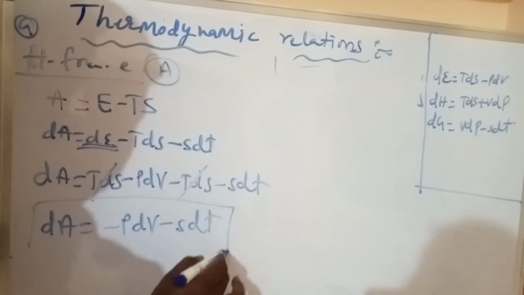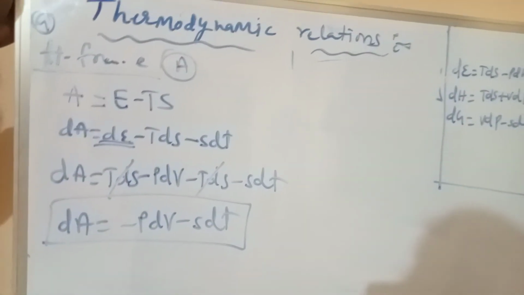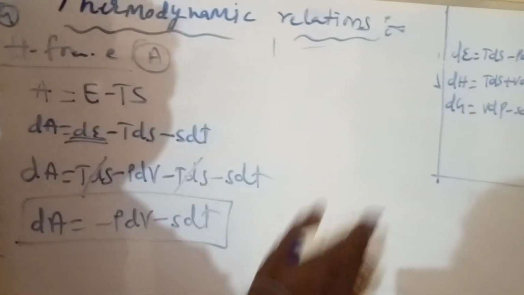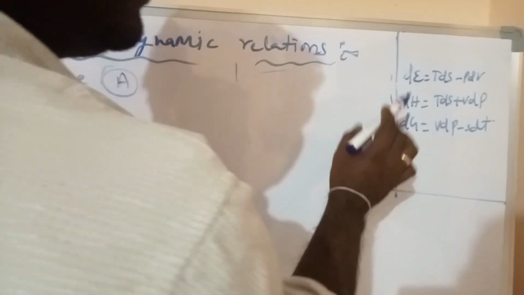This is the Helmholtz free energy thermodynamic relation. So we have four thermodynamic relations: internal energy, enthalpy, Gibbs free energy, and finally Helmholtz free energy, dA equal to minus PdV minus SdT.